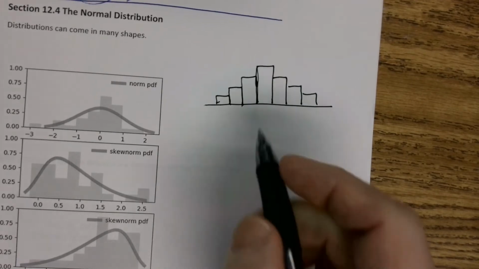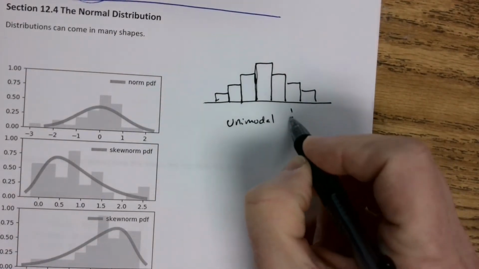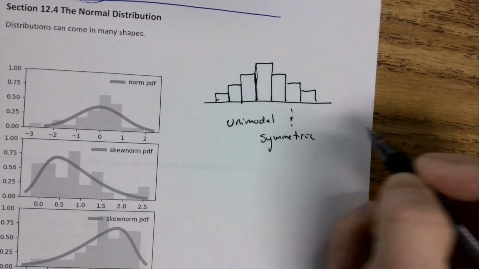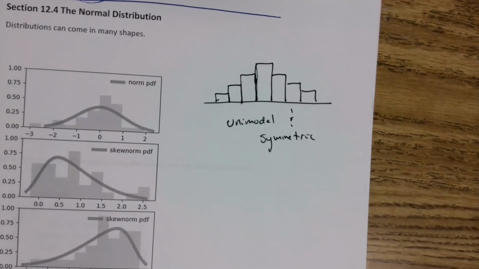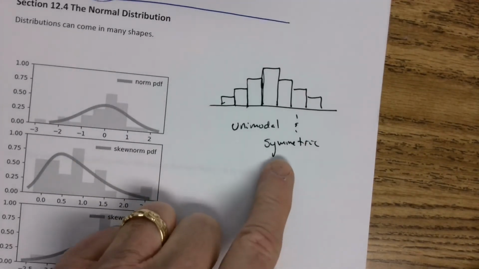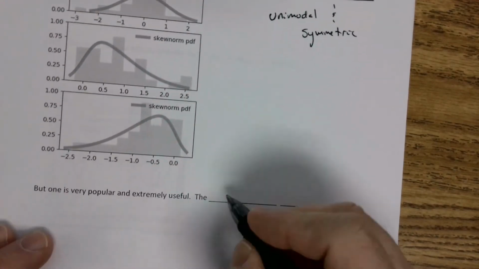But it needs to be unimodal and symmetric. And if it's unimodal and nearly symmetric, doesn't have to be perfectly symmetric, but nearly symmetric, then something good is, okay? It is extremely useful, and it's called the normal model.